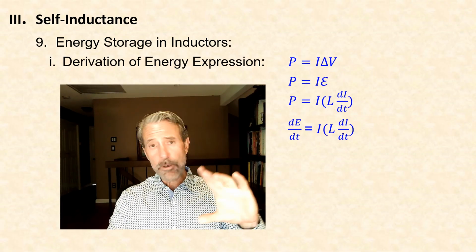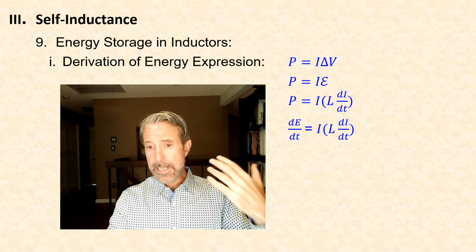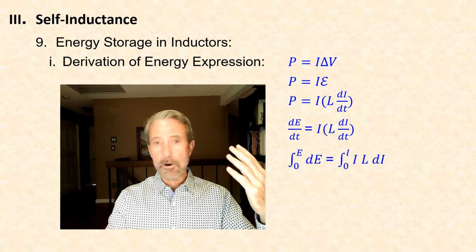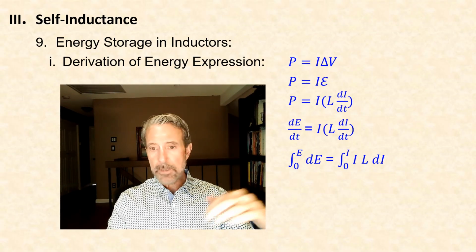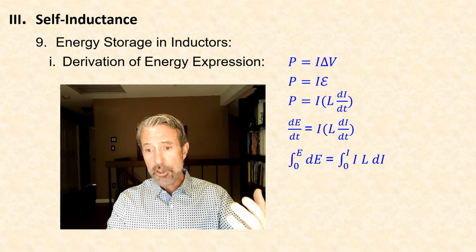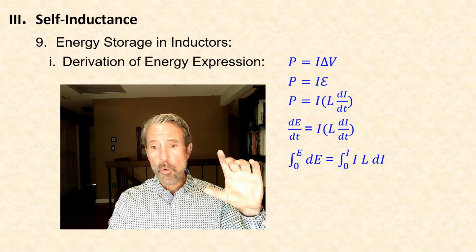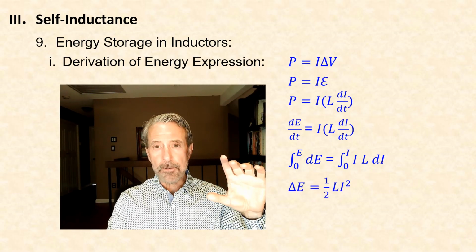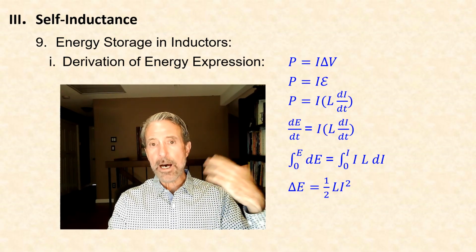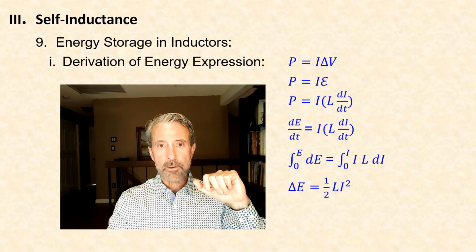When we multiply both sides of this equation by dt to get rid of the time dependence, and then take the integral of both sides of the equation, from our starting value of 0 for both energy and current, we end up with an expression for the energy stored within the inductor, which looks like 1/2 the self-inductance times the square of the alternating electric current.